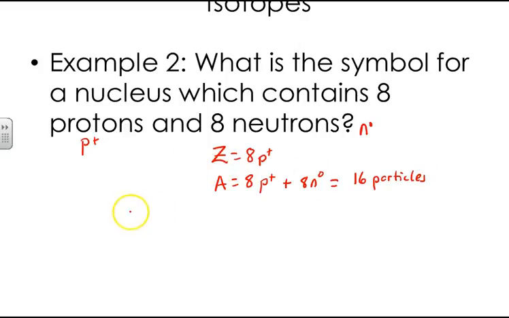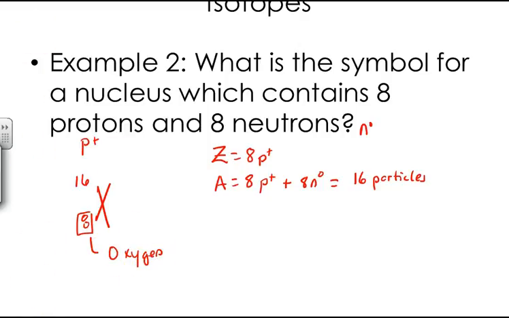Okay, so our symbol would be X. We don't necessarily know what this symbol is, but it would be X with mass number of 16 and atomic number of 8. And we can identify this element just by looking at the atomic number. Atomic number 8 is oxygen.